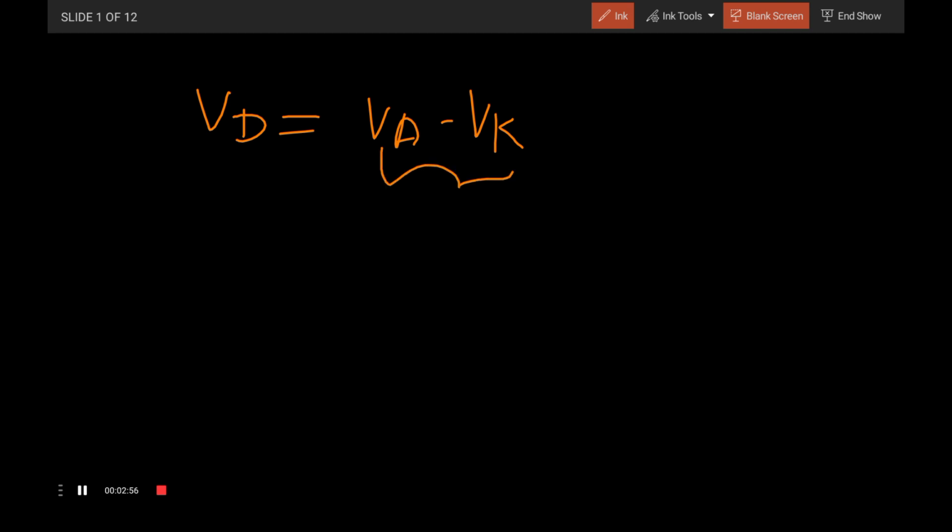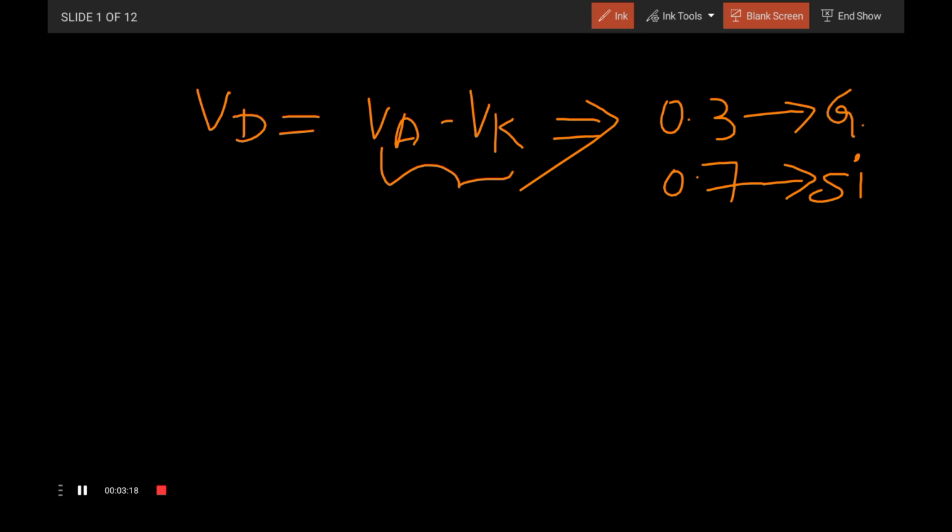That is the potential difference between the anode voltage and the cathode voltage, which gives the diode voltage. Practically, this diode voltage is 0.3 or 0.7: 0.7 for a silicon diode and 0.3 for a germanium diode.